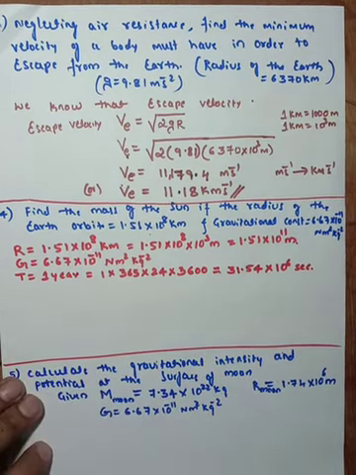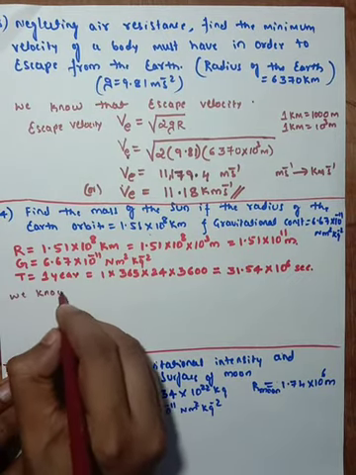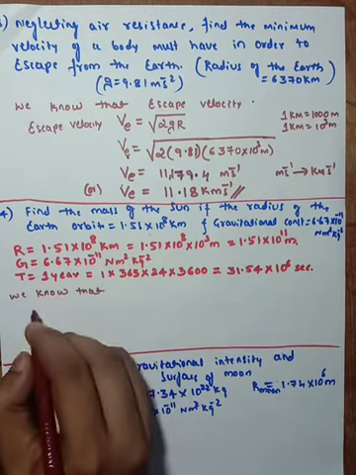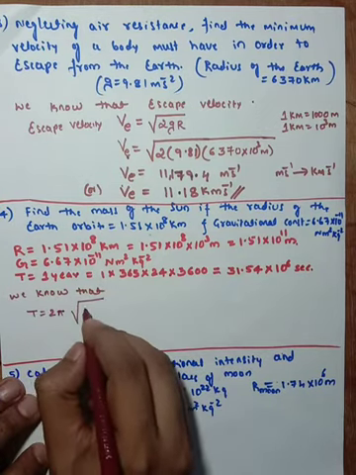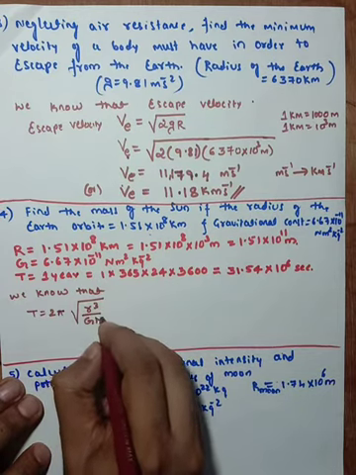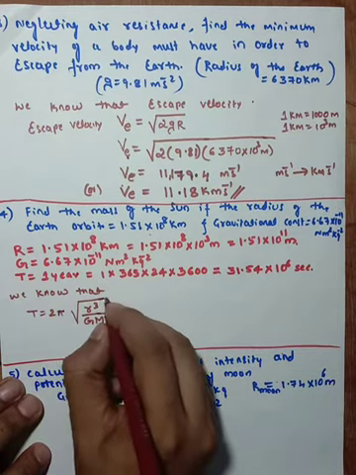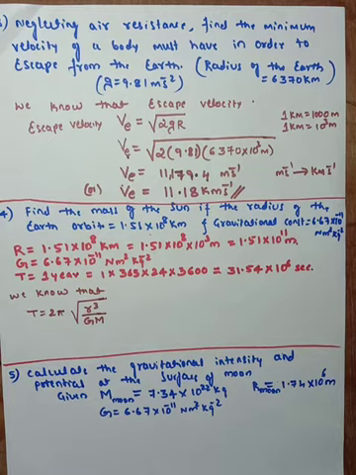Then by using the formula, we know one formula. What is that formula? T equal to 2 pi square root of r cube by G M. Just refer to my video on the time period of a satellite or planet, whatever it may be.